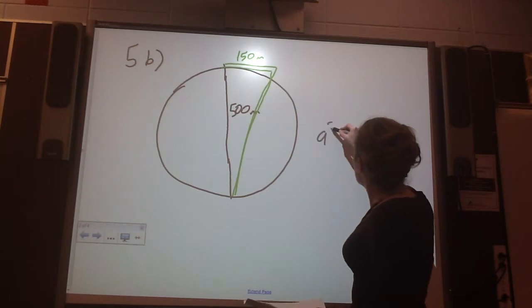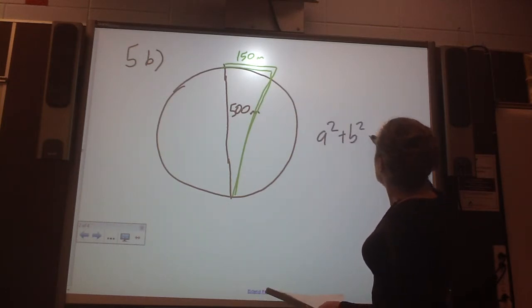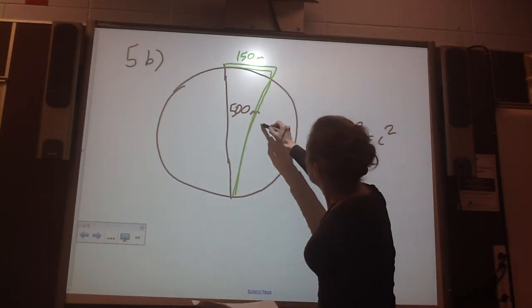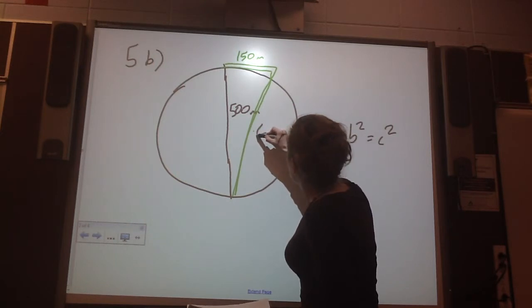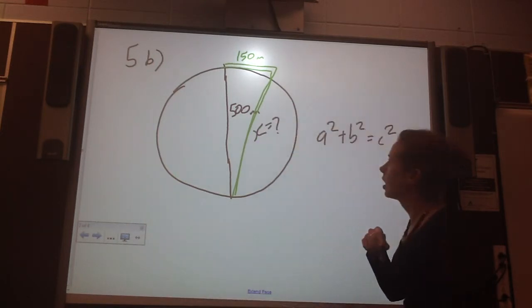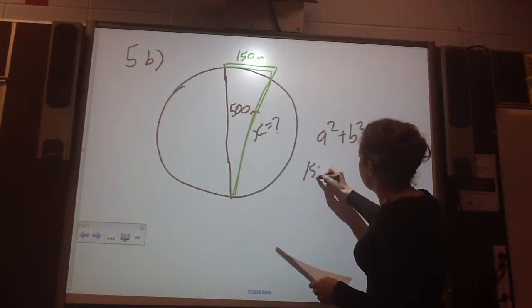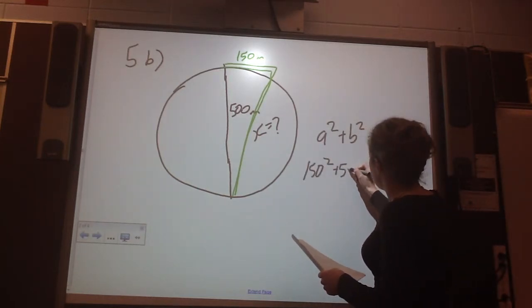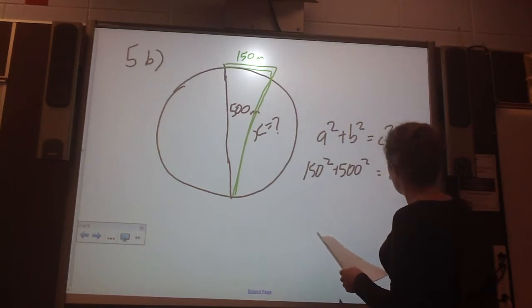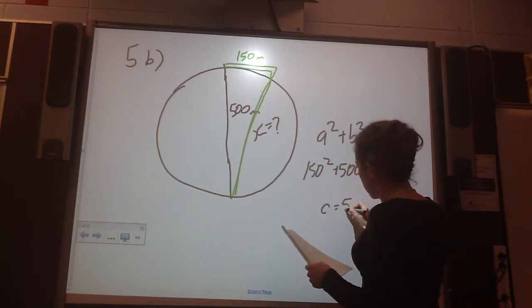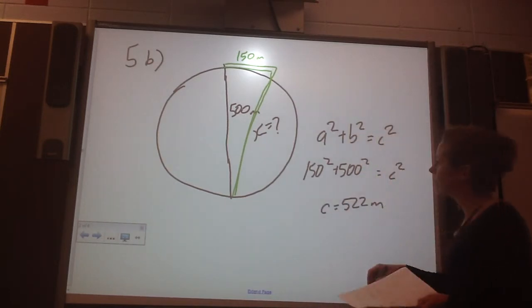We have a squared plus b squared equals c squared, and our c is our hypotenuse, what we're trying to find out. So 150 squared plus 500 squared equals c squared. C is equal to 522 meters.